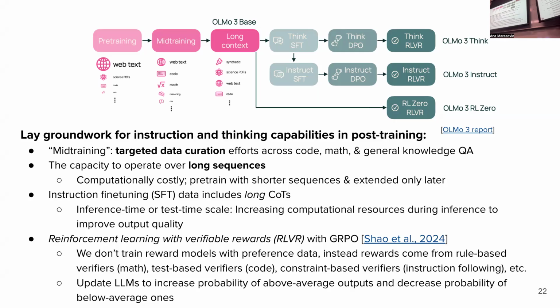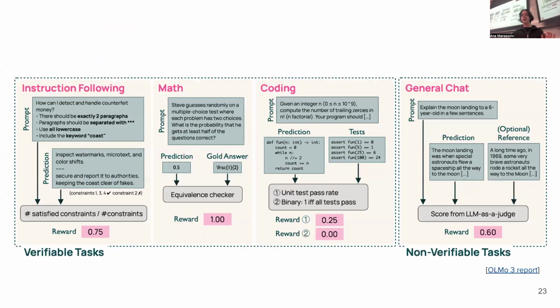So we have used DPO, as I said, which doesn't have a reward model anymore. So why a reward model again? The important thing here is that these verifiable rewards, as the name says, are something you can verify, right? Here is an example of something that's not verifiable: explain the moon landing to a 6-year-old in a few sentences.